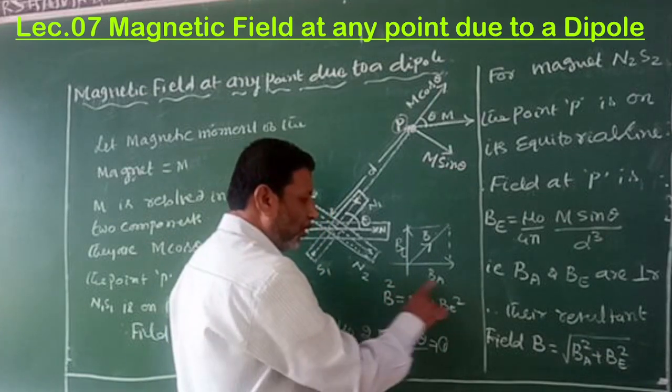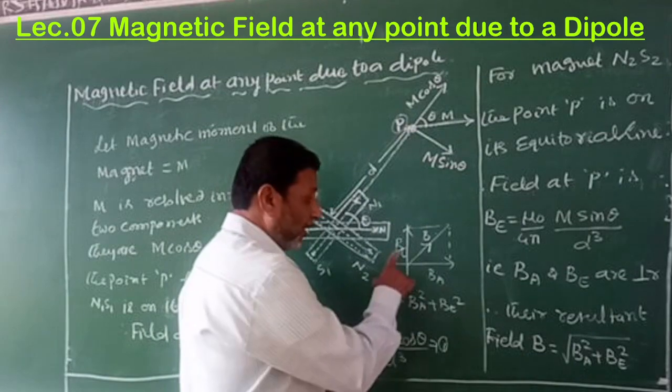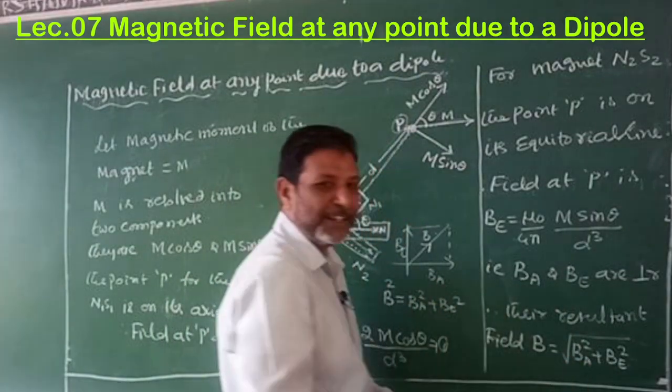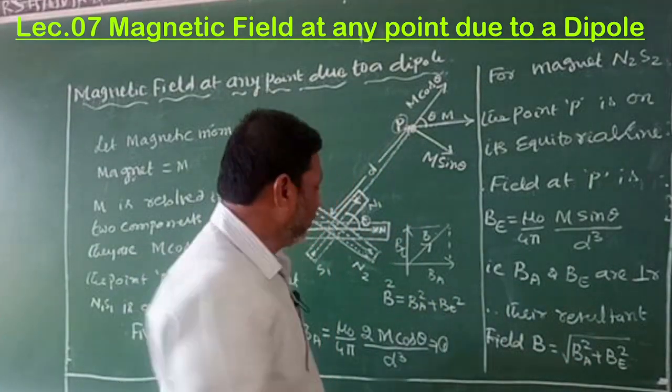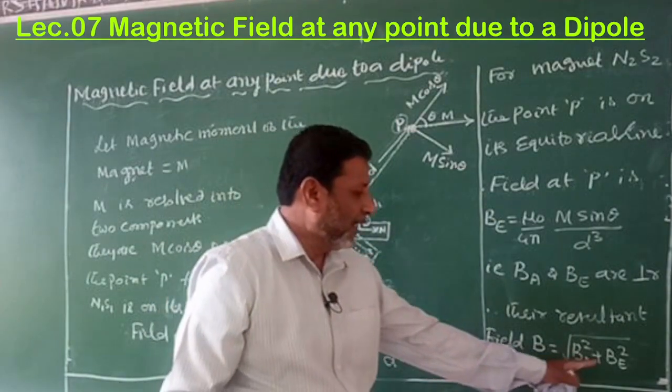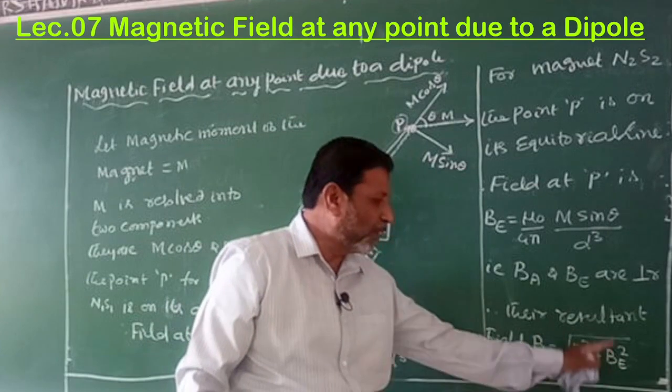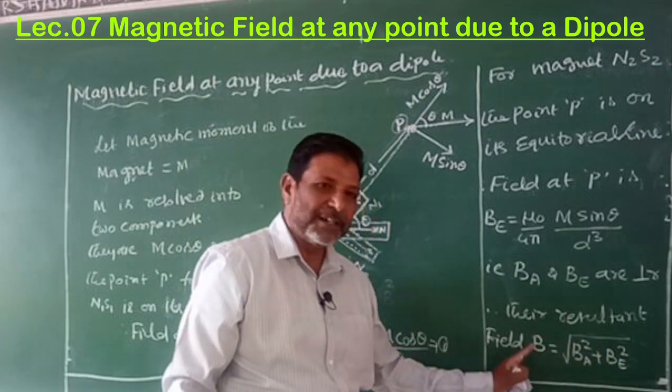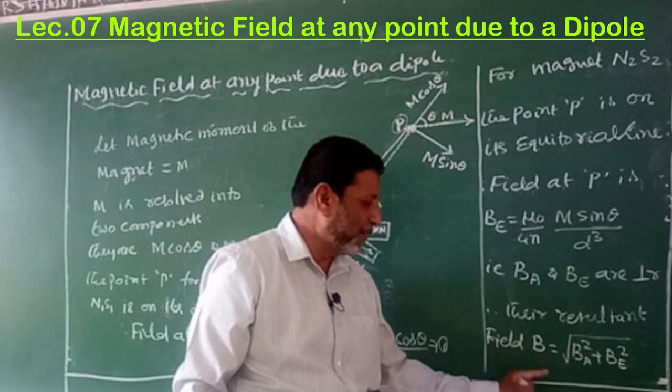Now B is equal to the square root of this. So I have written it here. Now you substitute the values of BA and BE and simplify, then you will get the resultant field B.